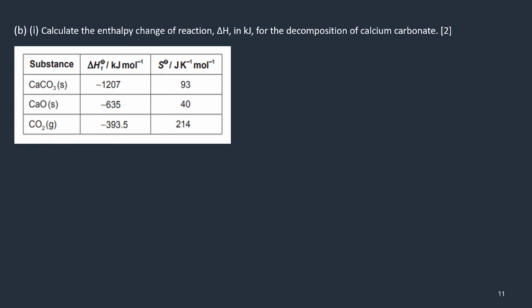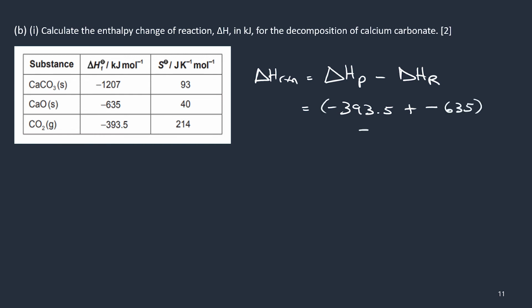And so here we know that enthalpy of reaction is equal to the enthalpy change of products minus the enthalpy change of reactants. And so here we have negative 393 for CO2, 0.5, okay, plus that for calcium oxide.